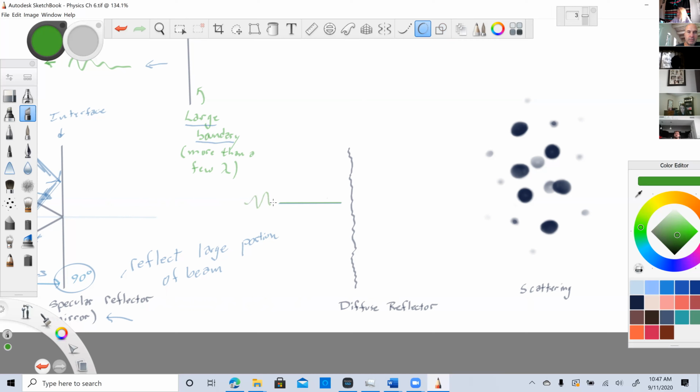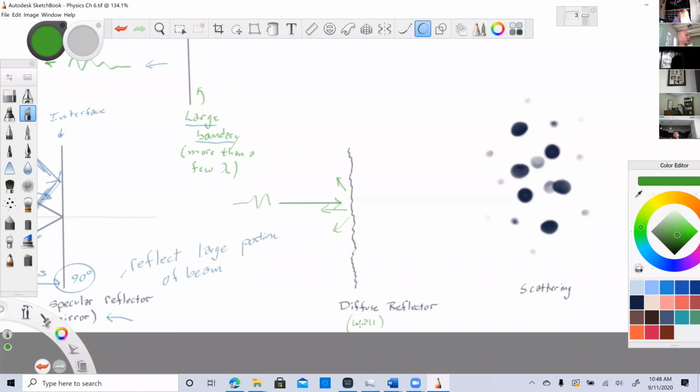Here's my little pulse, going in this way. As it hits this, it's going to have some sound going straight back, but some of it's going to bounce off in this direction, and some in that direction. Basically, the specular reflector was a mirror. The diffuse reflector is a wall.